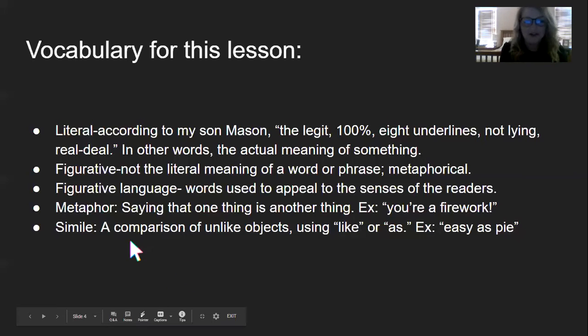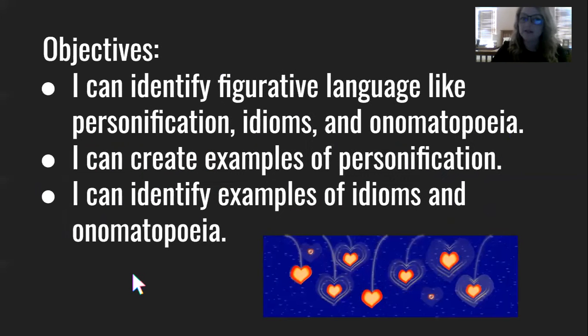I mean, a simile, I'm sorry. Simile. So just remember, simile uses like or as, and a metaphor does not use like or as. It actually says that this one thing is this one thing, like you're a firework. So that's just a little review. Some of you may have a really good grasp on metaphors and similes, and that's just review. So just keep those in your head for this lesson.